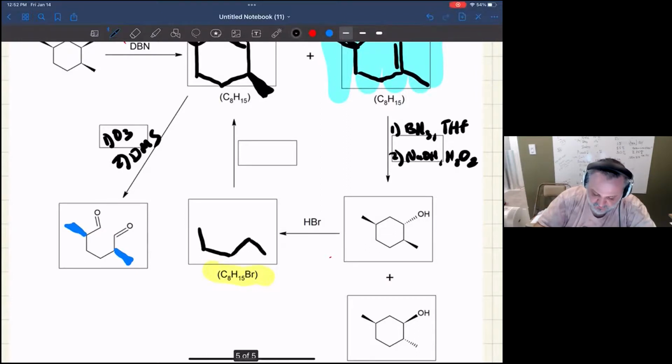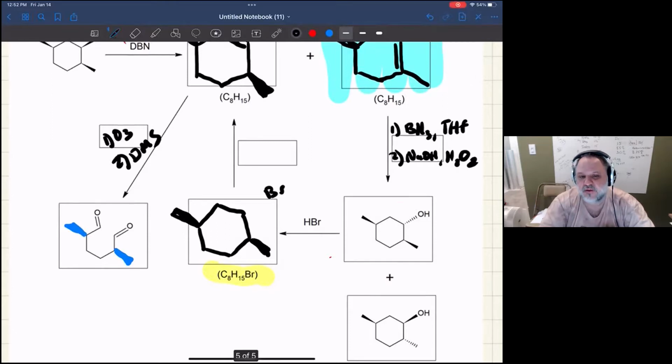There's nothing that's changing over here, so I still have that. Nothing is changing over here either, so I still have that one. And now I have a Br attached here. The question is what's the stereochemistry? I know this is what's happening because I have the hint of the Br, the formula to get me into what the structure could possibly be.